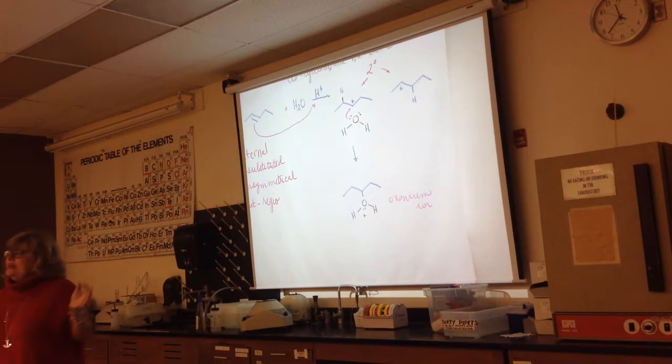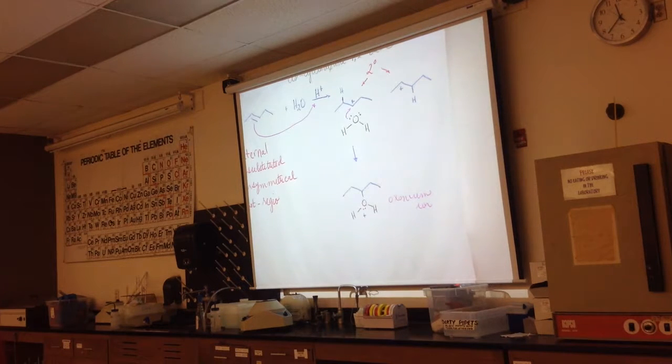Okay, just like SN1. Remember SN1? What was the first step in an SN1 reaction? Formation of the carbocation. The halogen had to leave, exactly. So in the formation of the carbocation, the first thing that you needed to do, you needed to break that carbon-halogen bond. Okay, you started polarizing the bond.